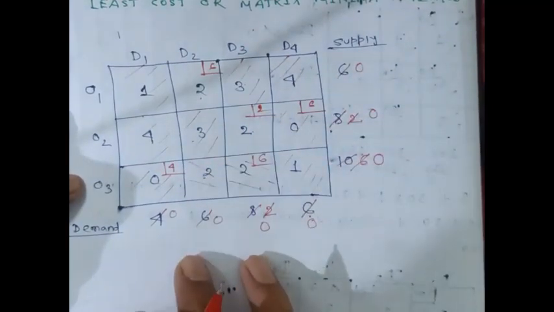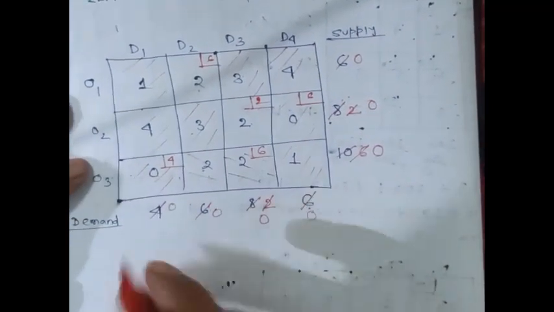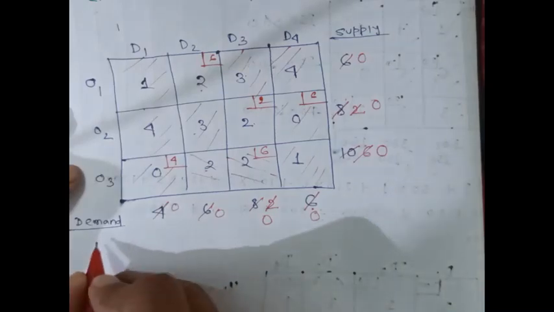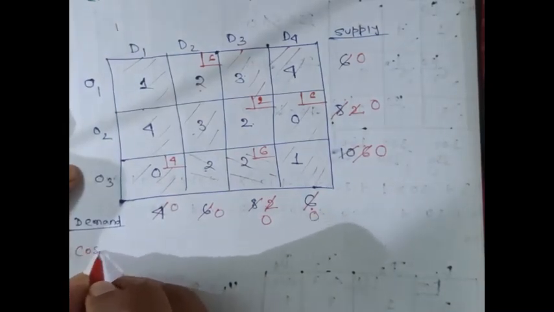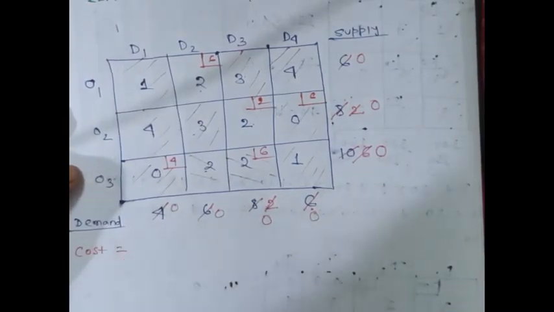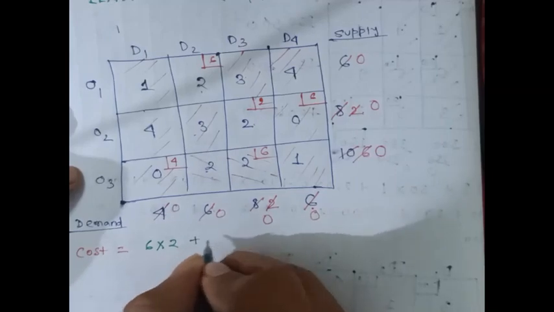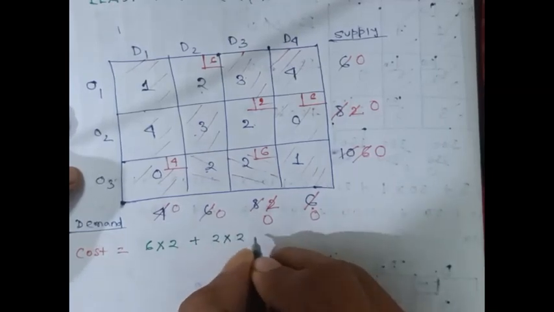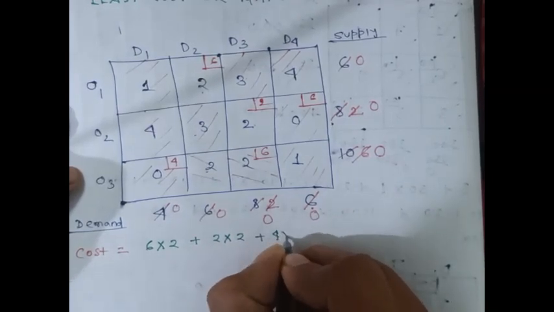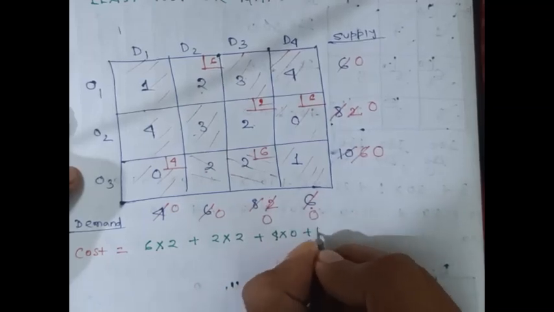Let's count the cost. The cost is 6 into 2 plus 2 into 2 plus 4 into 0 plus 6 into 2.